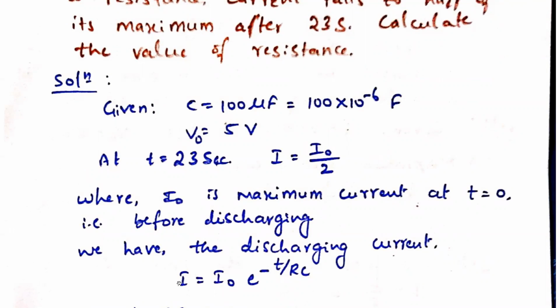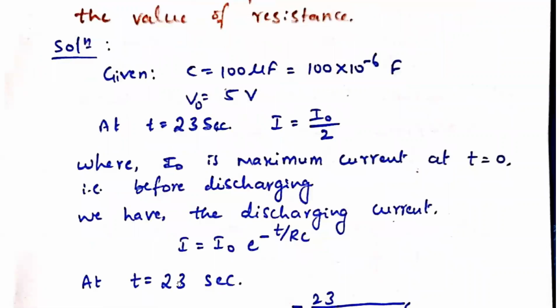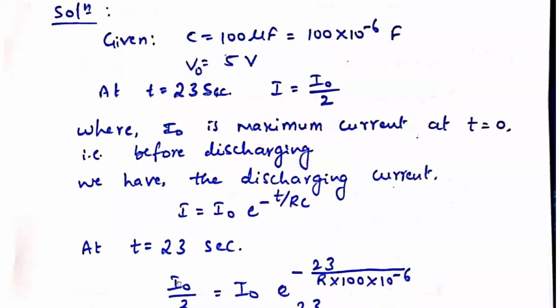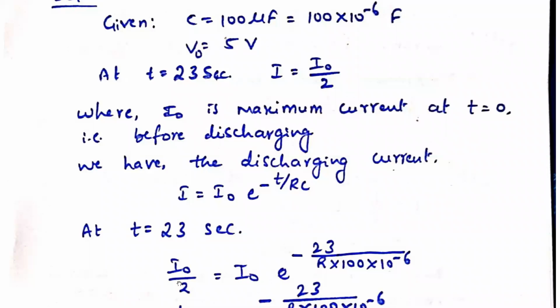So at t equal to 23 seconds, this formula becomes I0 by 2 equal to I0 into e to the power minus 23 divided by R into 100 into 10 to the power minus 6. Now we have to calculate the value of R.